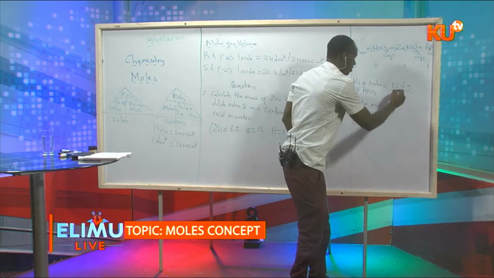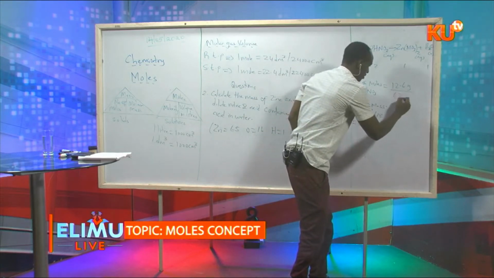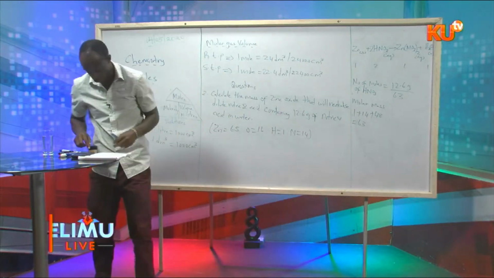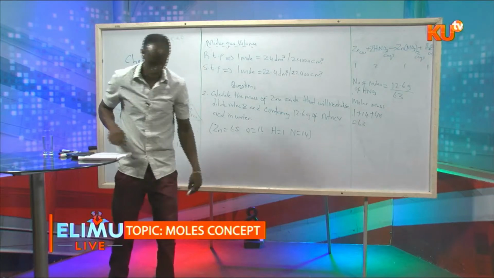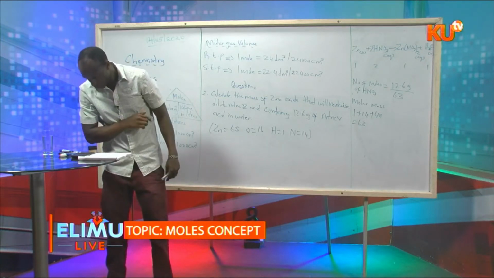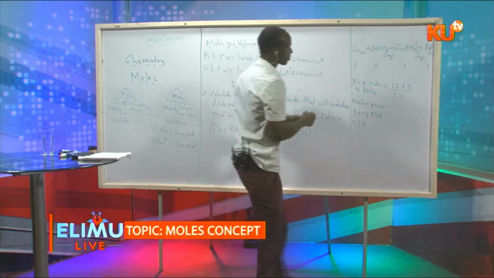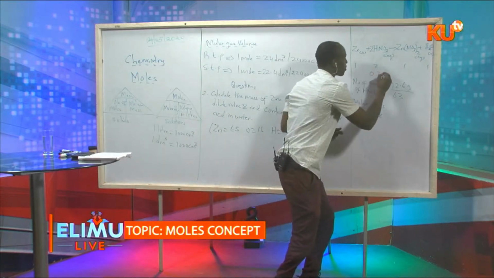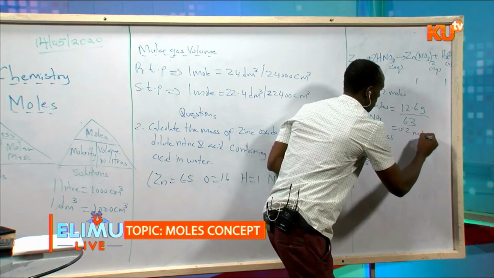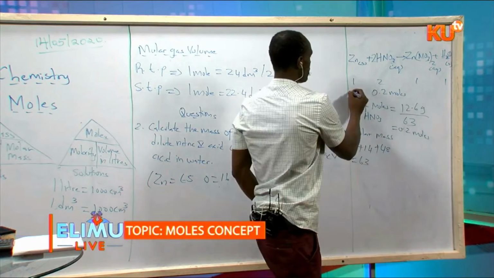So number of moles will be 12.6 divided by 63. At home you can do it together. You get 0.2, so the number of moles is 0.2 moles. So how many moles here?